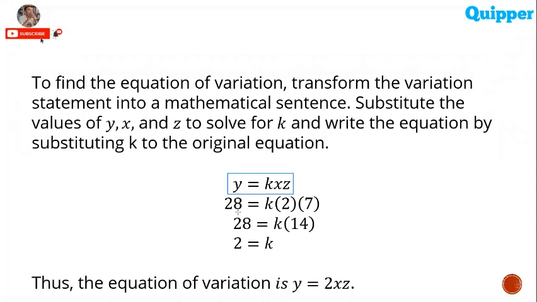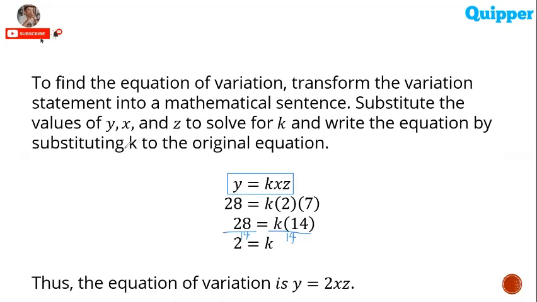Then substitute the values: 28 for y, 2 for x, and 7 for z. Multiply 2 and 7, that is 14. Then to find k, you divide both sides by 14. 28 divided by 14 is 2. Your value of k is 2, that is the constant of variation.